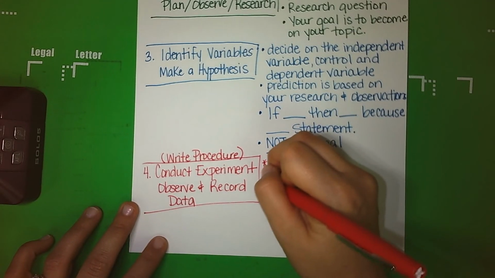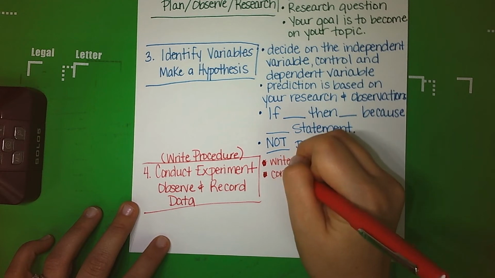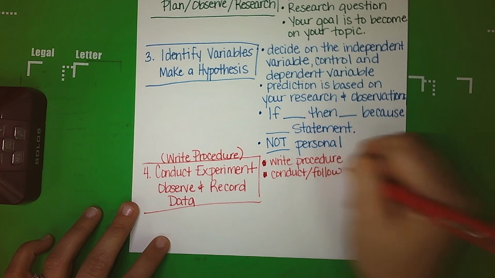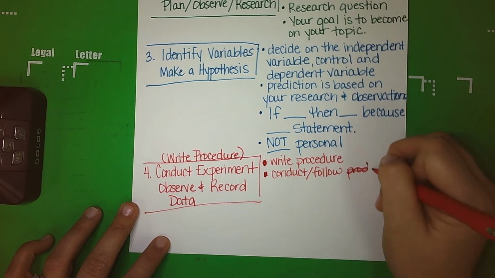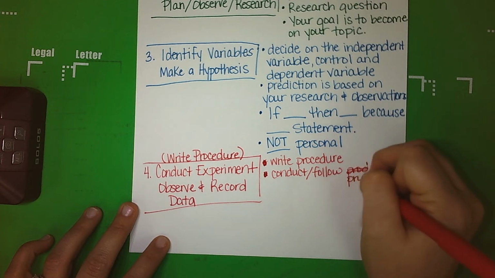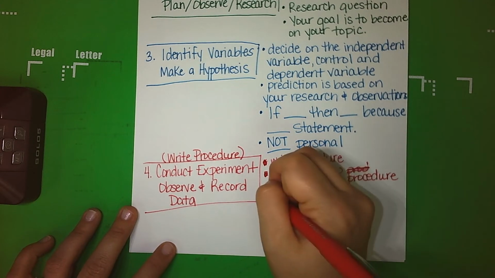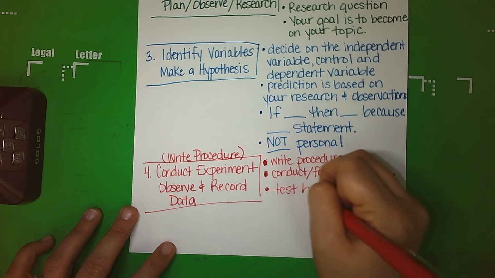Alright, you're going to conduct or follow your procedure that you wrote. Oh, sorry, spelled that wrong. Procedure is procedure. Okay. This is where you're going to test your hypothesis.